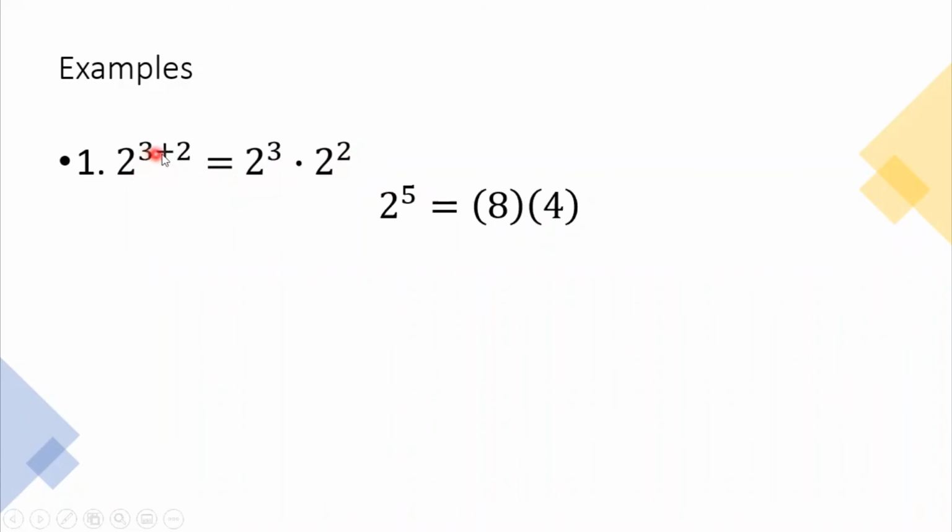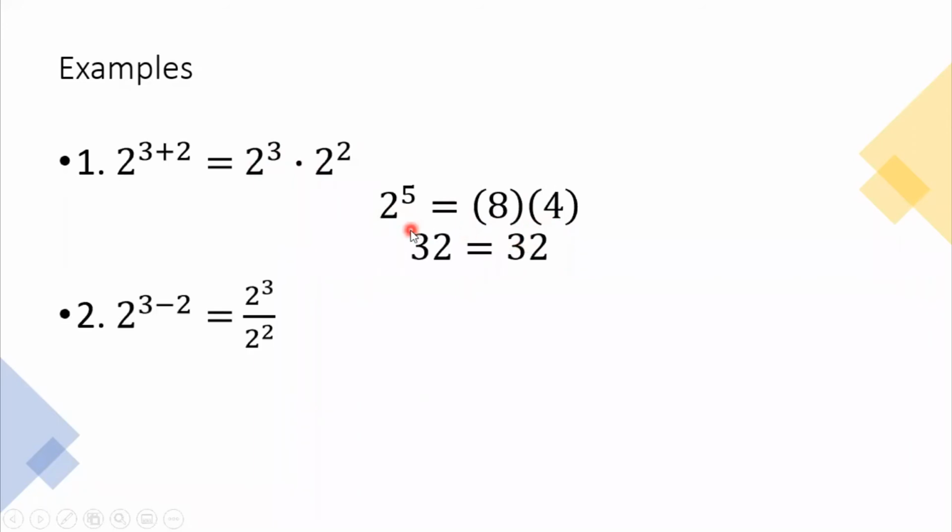Take note that 3 plus 2 is 5, so 2^5 is equal to 2^3, which is 8, times 2^2, which is 4. Take note that 2^5 is 32 and 8 times 4 is 32.